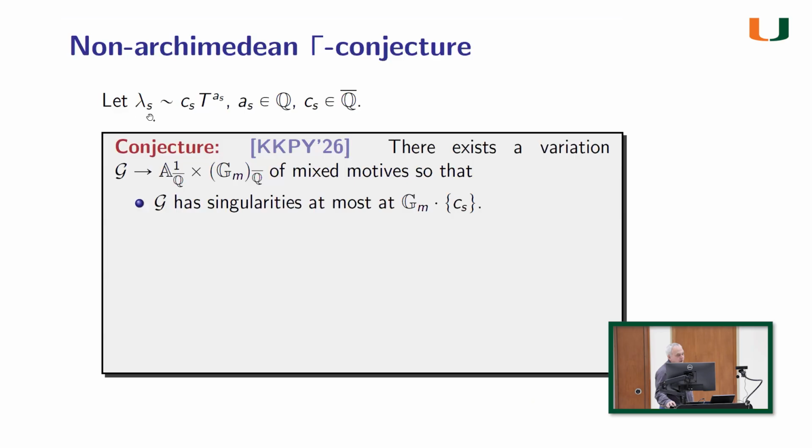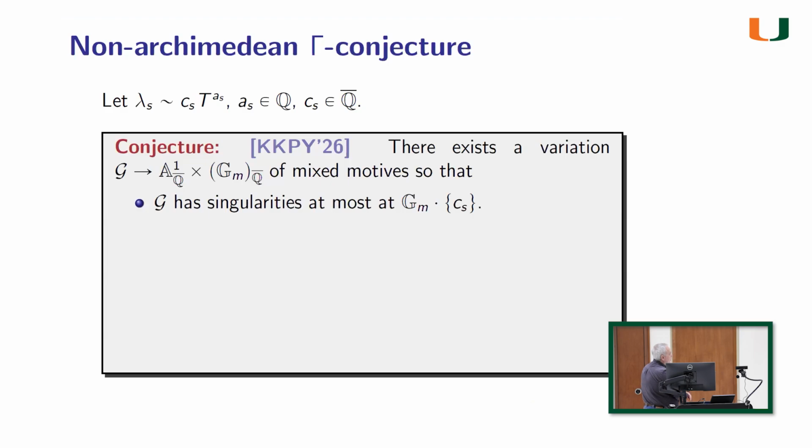So if you look at the fiber of the spectral cover, the eigenvalues at one point, the different eigenvalues begin with some term in the Puiseux series. This is the first term in the Puiseux series. It has some coefficient which is in Q bar, and some exponent which is in Q. So the singularities of this Q bar family of mixed motifs should be at most at the coefficients.